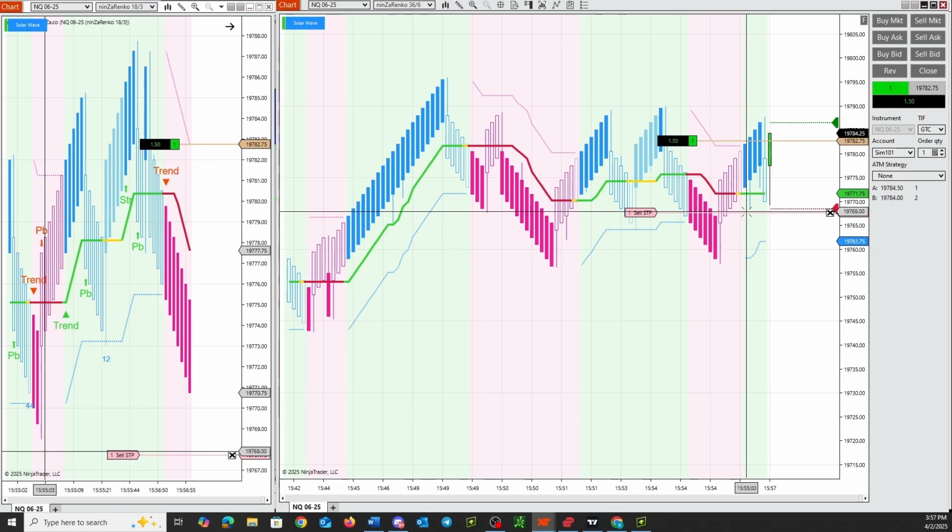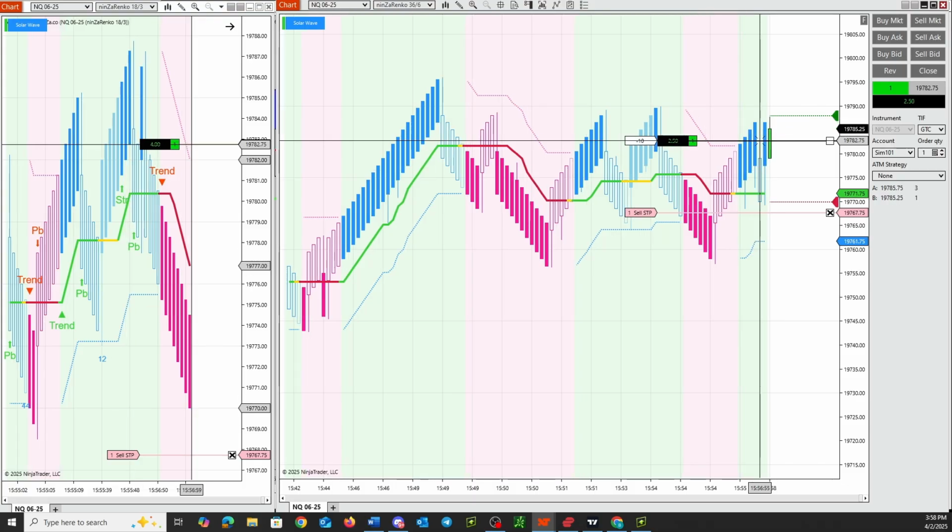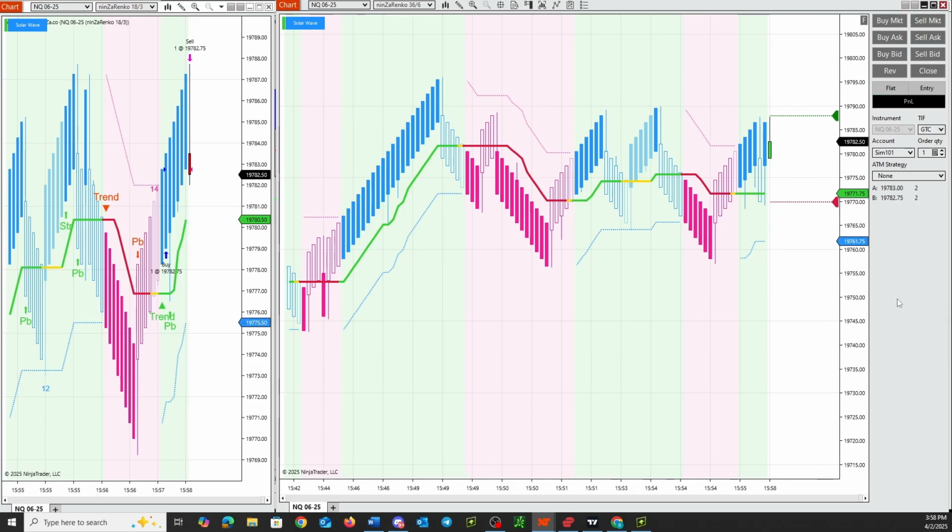Need to close higher. 357. Come on, push higher, close higher. I want you to close. All right, break even. I don't want to risk it going into the close here.